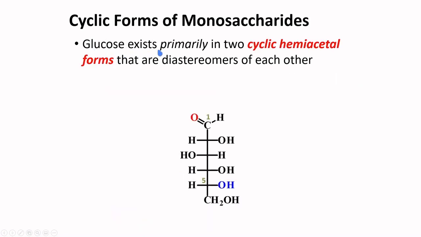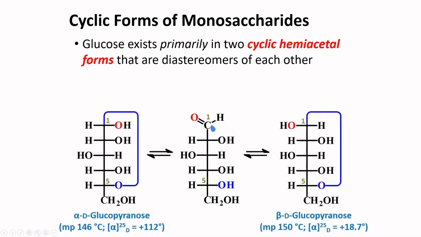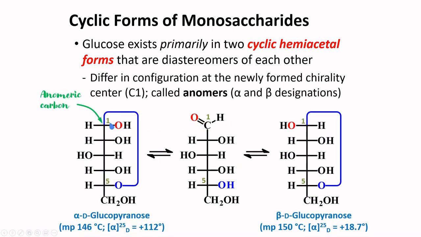Glucose exists primarily in 2 cyclic hemiacetal forms that are diastereomers of each other. When this oxygen attacks this carbonyl group, cyclic hemiacetals are formed. These two hemiacetals differ in configuration at the newly formed chirality center.